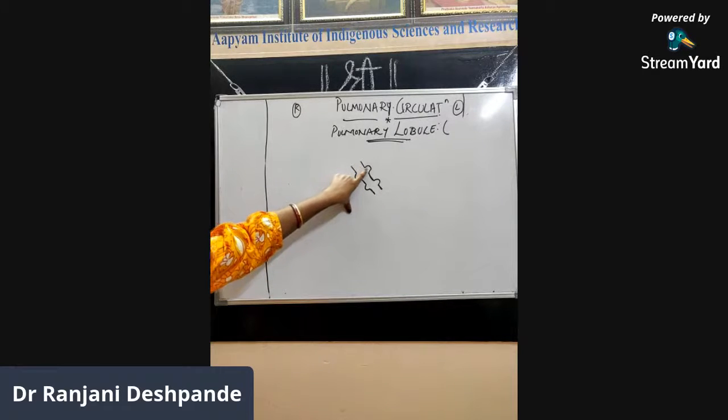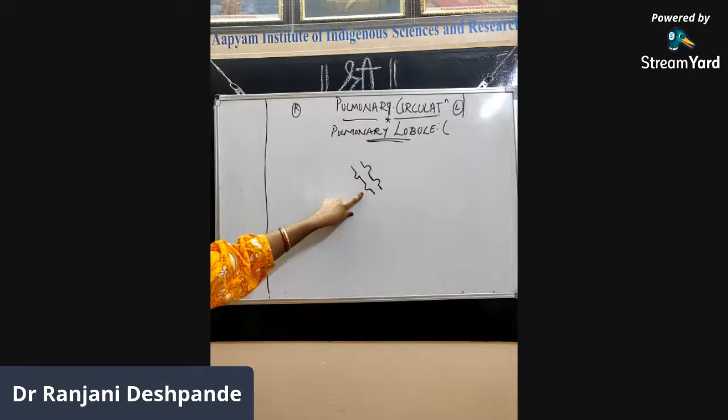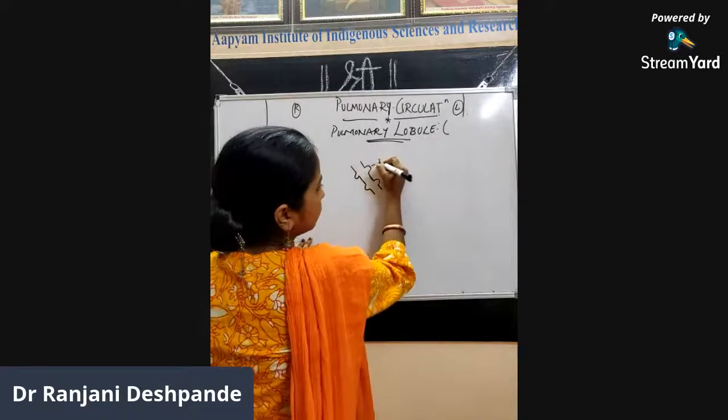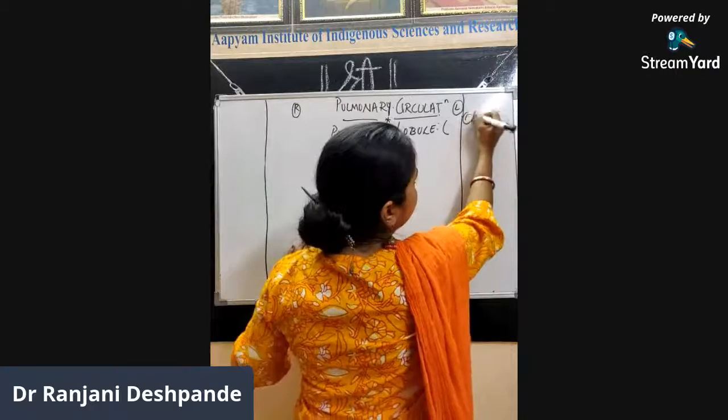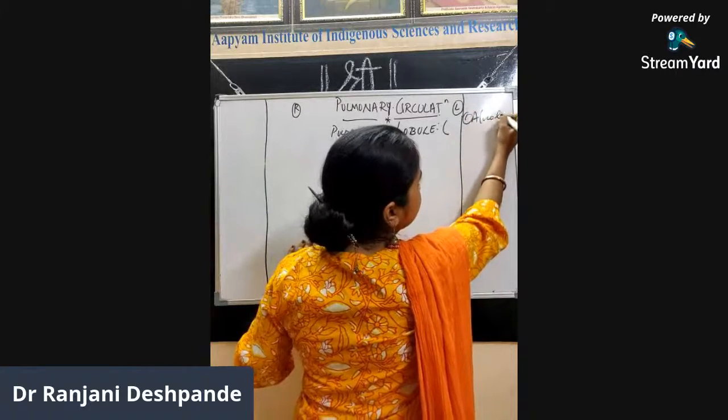Because these will increase the surface area for the gaseous exchange. So these projection-like surfaces are nothing but, so this is one, the alveolus.